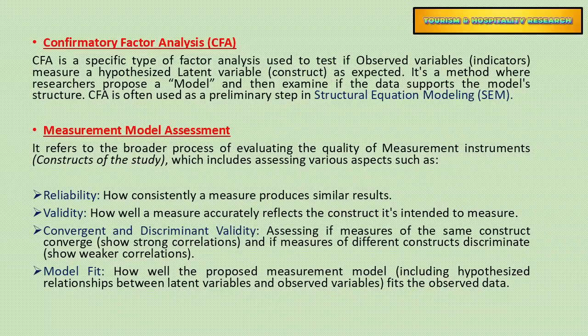Convergent and discriminant validity, assessing if measures of the same construct converge, that is, they show strong correlations with each other, and if measures of different constructs discriminate or show weaker correlations between each other.